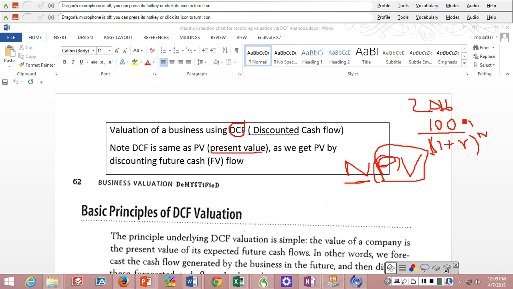This process is called discounting, which means we use a discount rate of R and look at how far out it is in time.